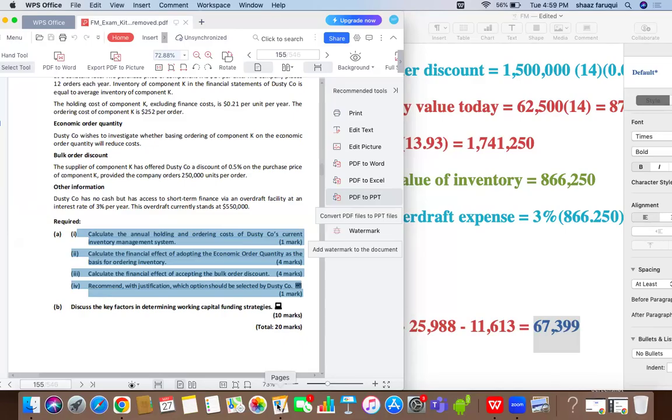But in FM and PM, unfortunately, students focus on the numbers part, but don't pay a lot of attention whenever it's discussed. Where we need to spend some time.